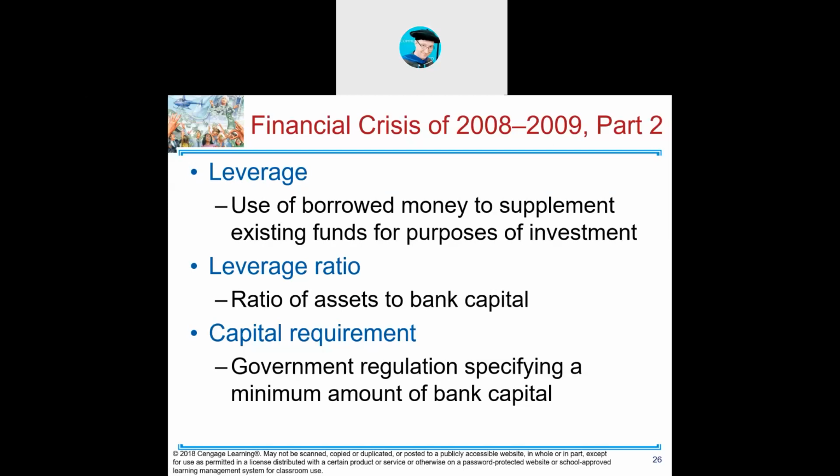So in order to understand what happened during the financial crisis, we also need to understand this thing called leverage. Leverage is how money is used to supplement existing funds for purposes of investing. In other words, I'm going to borrow some money from the bank to add to my current cash account to buy a business.